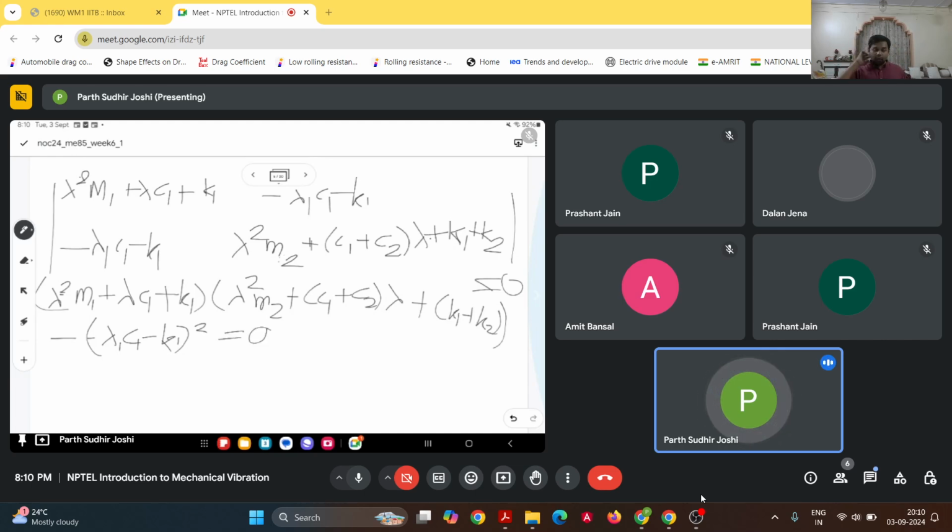So this will have lots of terms, and it will be a fourth order equation, so it will have four roots. Let us call them lambda 1 1, lambda 1 2, lambda 2 1, and lambda 2 2.